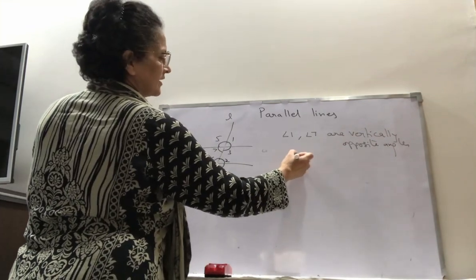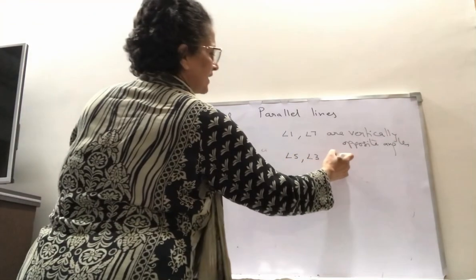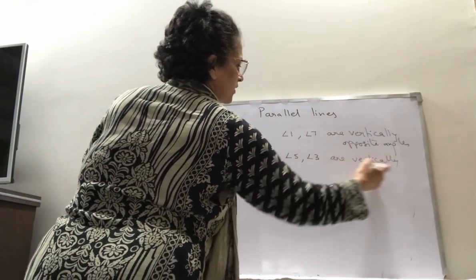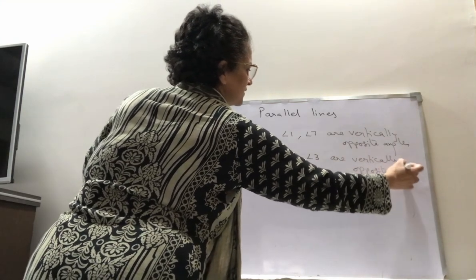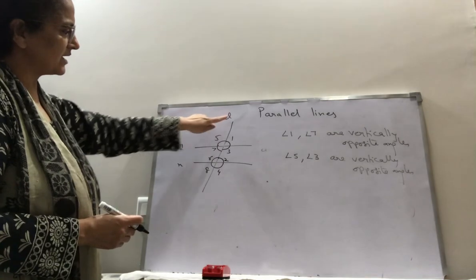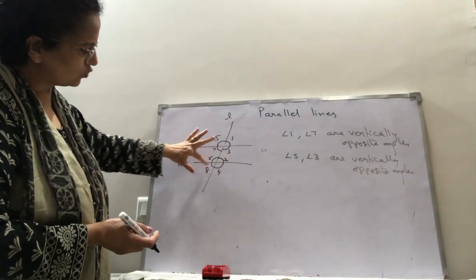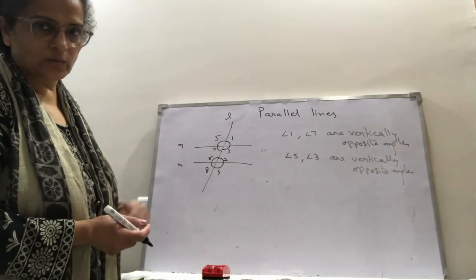Also angle 5 and angle 3 are vertically opposite angles. If we talk about N and this transversal, 2 and 8 will be vertically opposite, 4 and 6 will be vertically opposite.